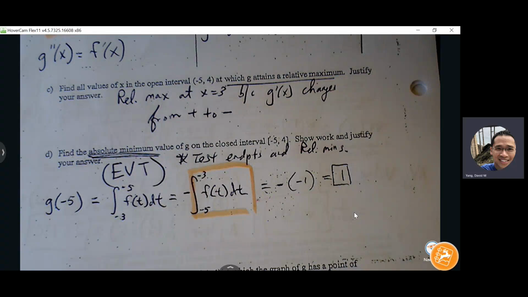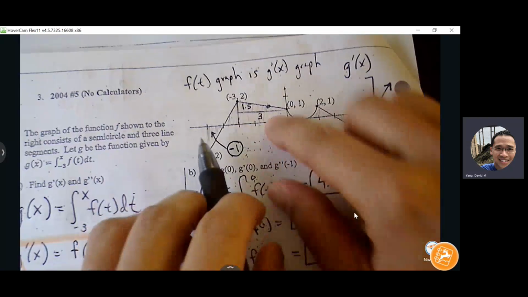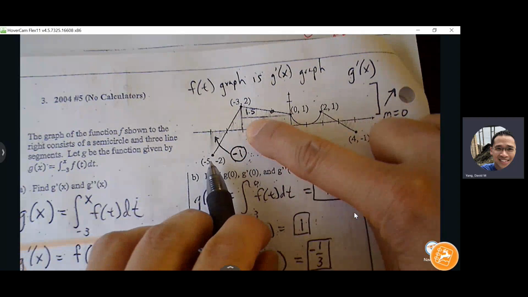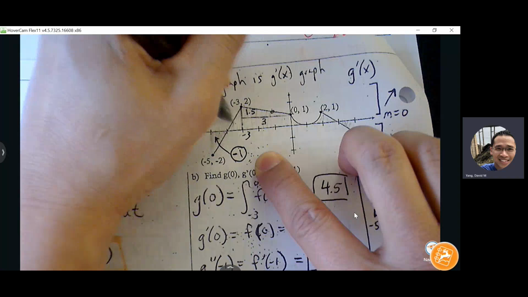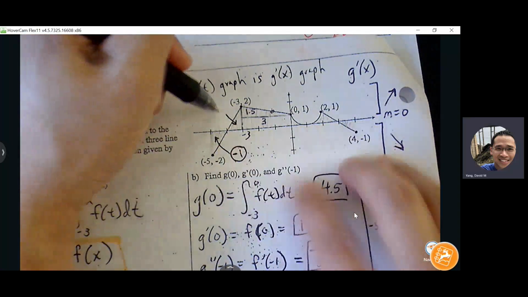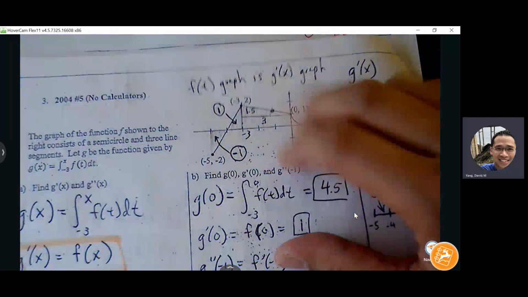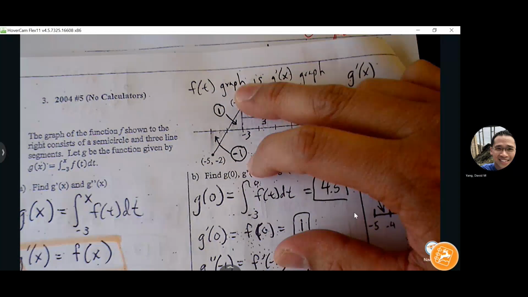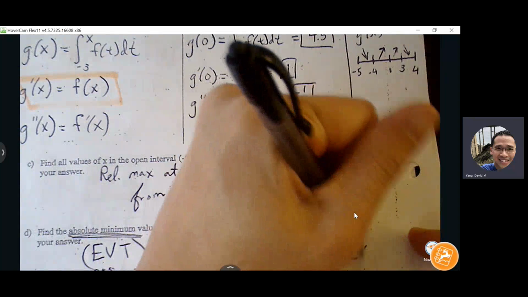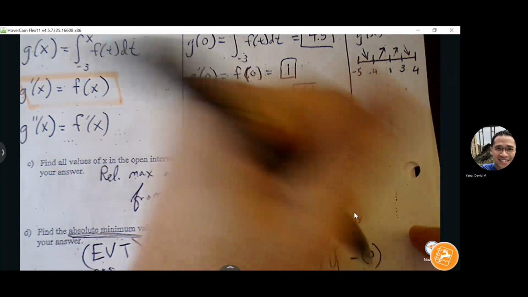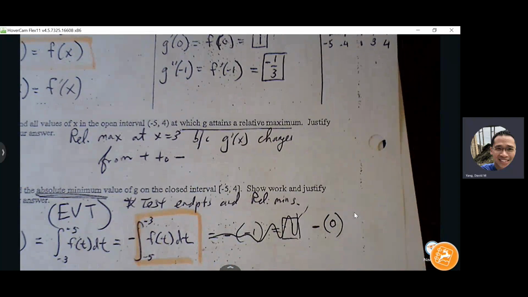Oh, wait, my bad. I missed something here. I said from -5 to -3. Sorry. So this area here is also 1. So -1 plus 1 is 0. My bad. So there's a negative in front of that 0, but in this case, it's not going to matter because -0 is still 0.